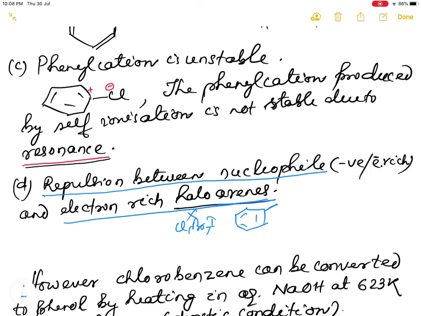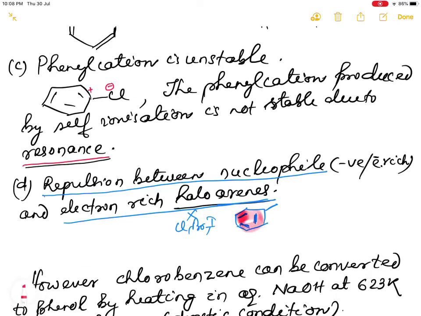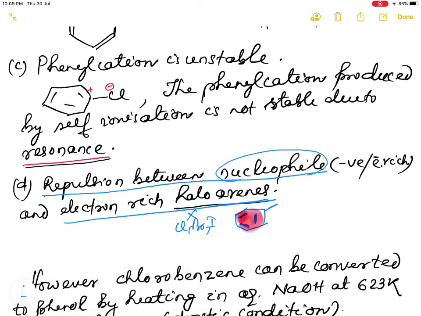Haloarenes are electron rich because of these pi bonds. And a nucleophile is negatively charged or electron rich. Suppose OH minus is a nucleophile because it is negatively charged. Ammonia is a nucleophile because it is electron rich.